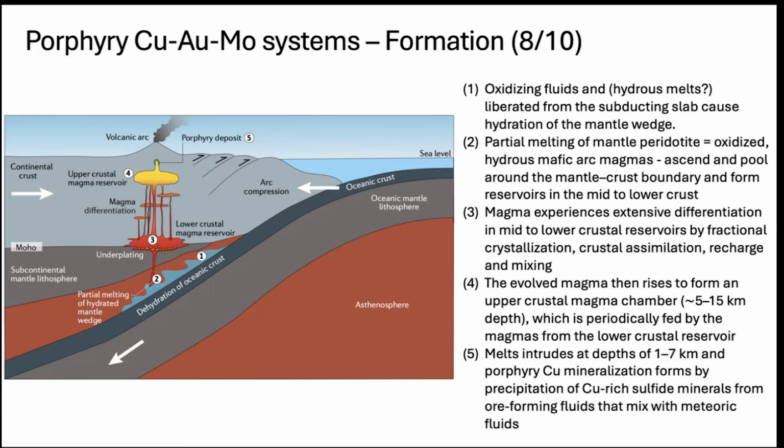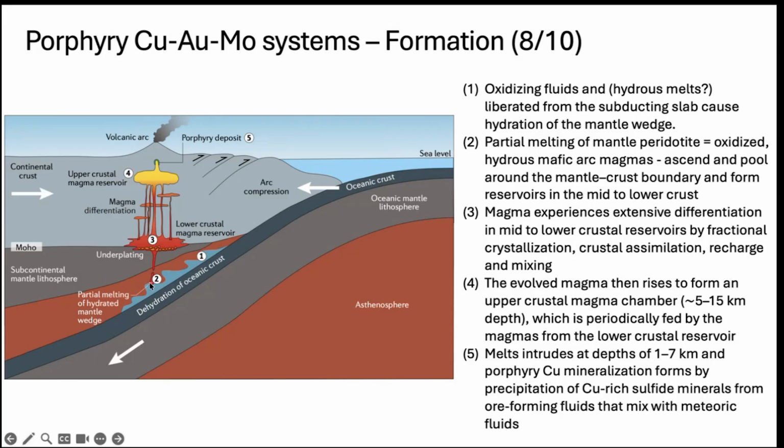So here's a cartoon. I probably won't read through all of this, but it talks about how we make a porphyry copper deposit. So we have subduction, we dehydrate the subducting slab plus or minus sediments on top of it. So that's 1 or 2. And we get partial melt. When you add water to mantle, you lower its melting point. And so we get partial melting of the part of the mantle that overlies the subducting slab, which we typically call the mantle wedge.